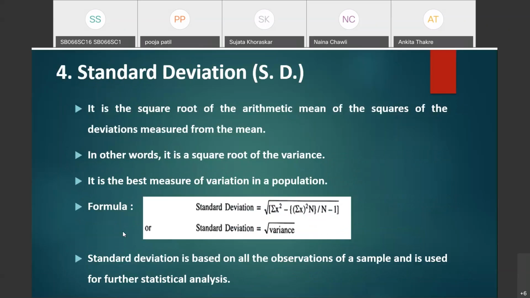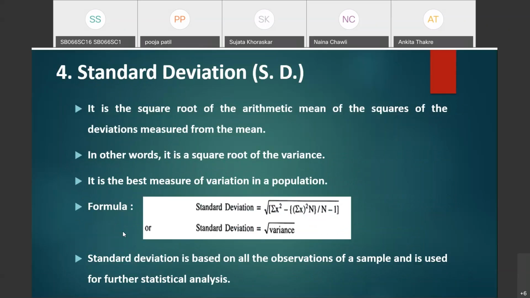Here you can see the fourth measure of variability, the standard deviation. How to calculate the standard deviation? You can just remember that standard deviation is the square root of the variance.